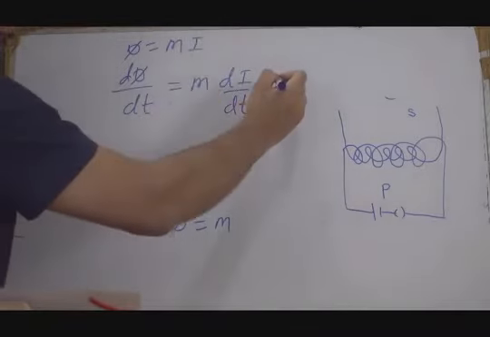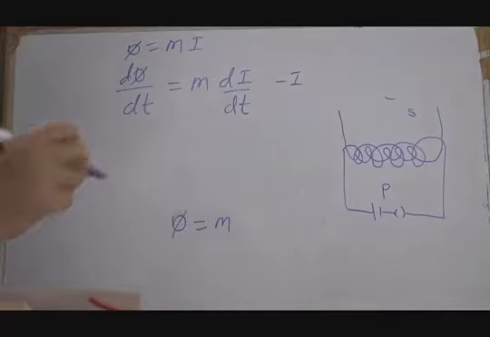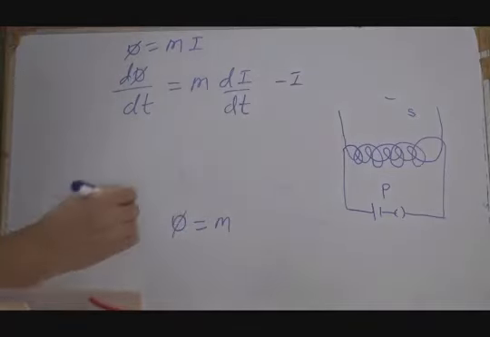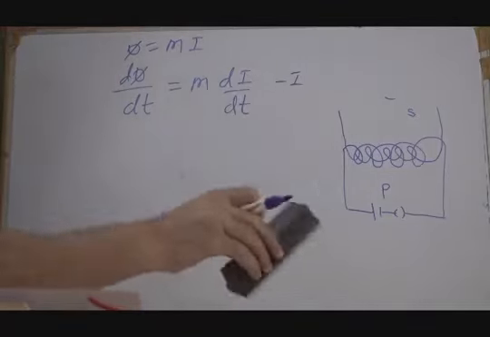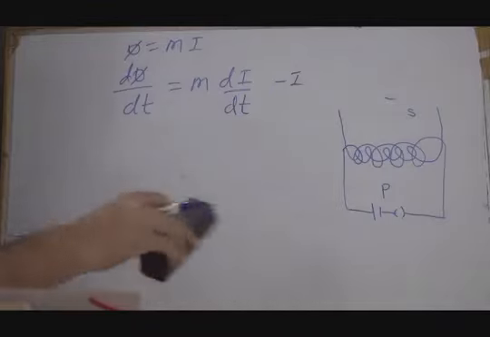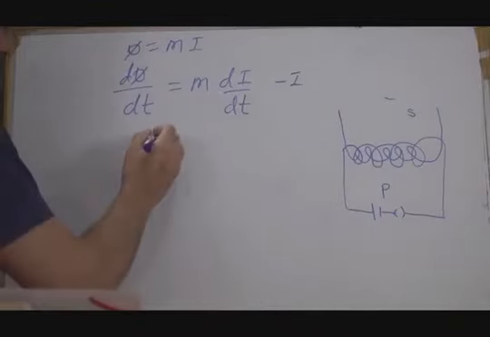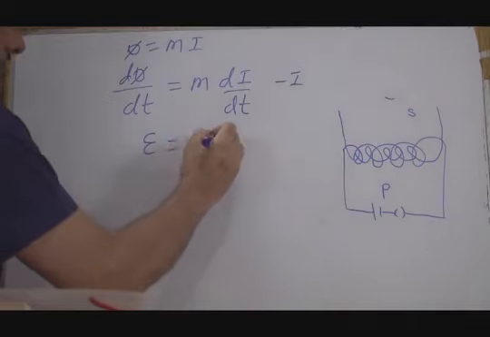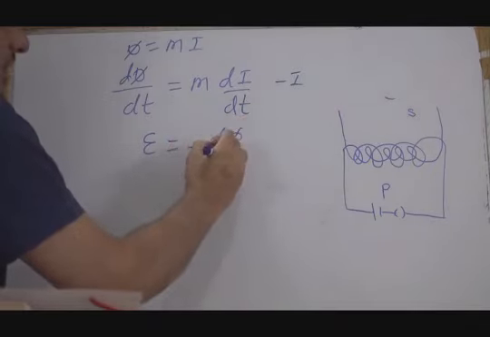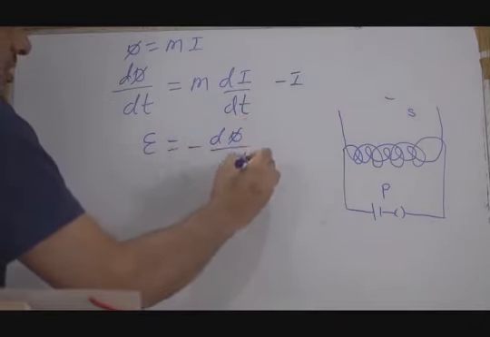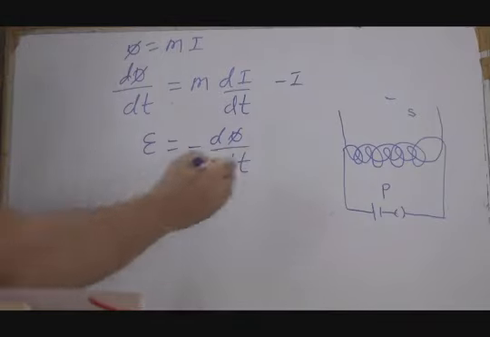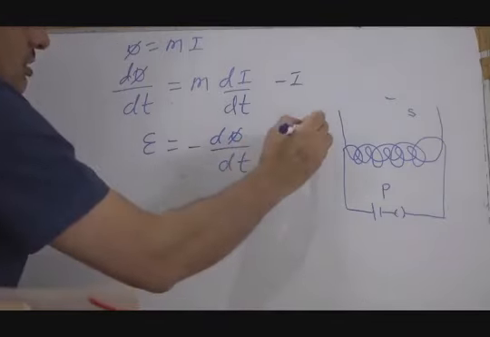That is the first equation. And we know that induced EMF is minus d phi by dt. It is our second equation.